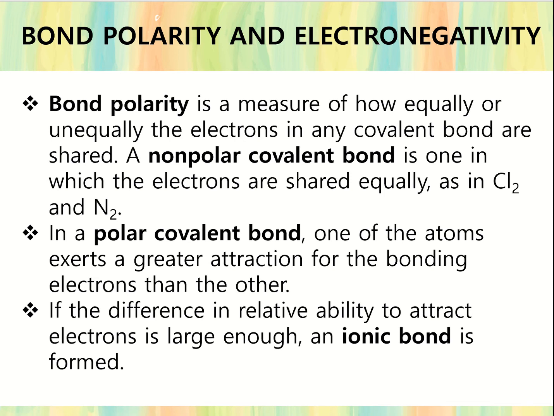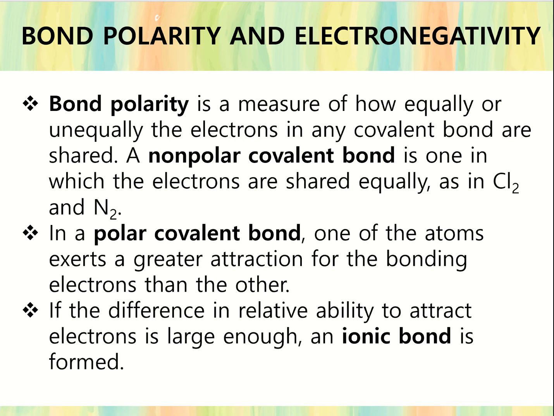In a polar covalent bond, one of the atoms exerts a greater attraction for the bonding electrons than the other. If you recall my tug of war analogy, two persons are pulling on a string, and one person is pulling stronger than the other.